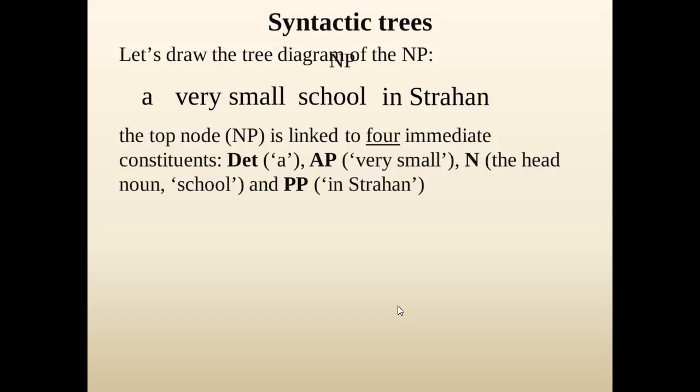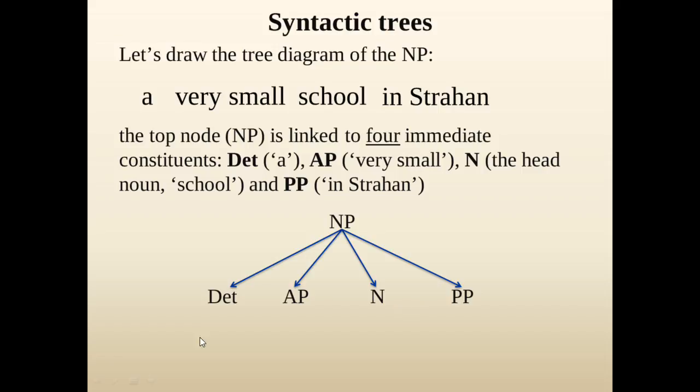And in practical terms, what we do is we start with the top node, which is an NP, which is what we are analyzing. And we link it to its 4 immediate constituents, which are the determiner, standing for a, the adjective phrase, standing for very small, the head noun, representing school, and the PP representing in Strom.